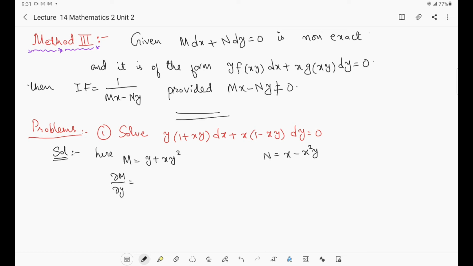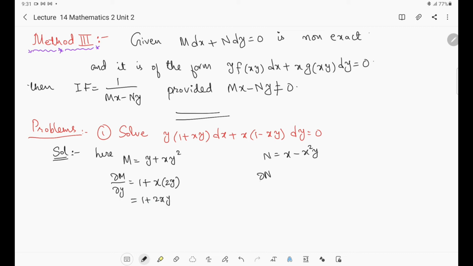So for that I have to find dou M by dou y and dou N by dou x. Dou M by dou y, I'm differentiating partially with respect to y. So I'll get 1, derivative of y is 1, then x as it is, derivative of y square is 2y. So 1 plus 2xy is dou M by dou y.